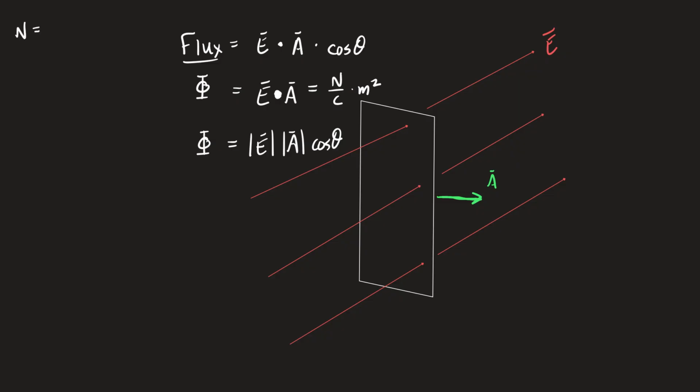Remember, the newton is kilogram meter per second squared. So when you really look at what this unit looks like, it's kind of a mess. Agreed? It's kilograms meters cubed per second squared coulombs. Somehow that's our electric field flux.